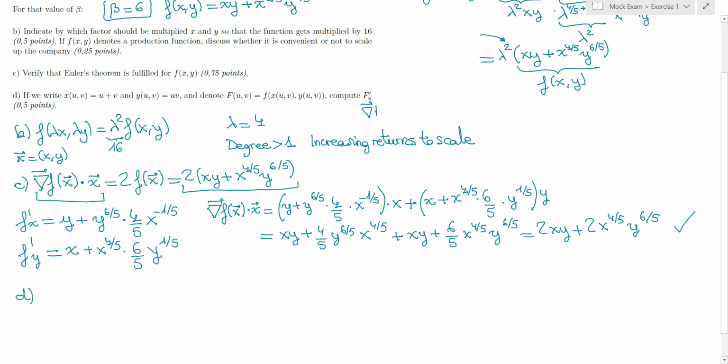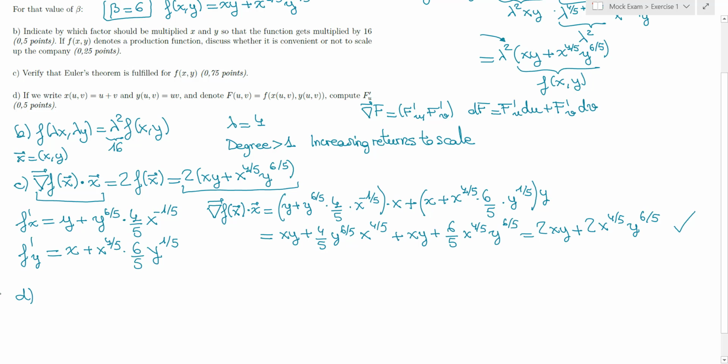The gradient of this function would be the partial derivative with respect to u and the partial derivative with respect to v, or the differential. The differential would be partial derivative with respect to u, differential of u, plus partial derivative with respect to v, the differential of v.